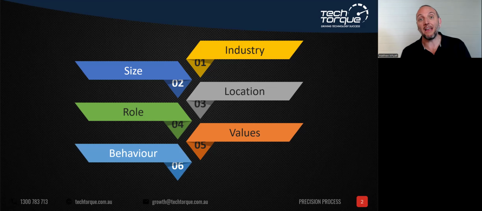And the last part there is behavior. How do they behave? When you look at your current customer database, you go, well, what are the behaviors we like and what are the behaviors we don't like? I've worked with businesses who sell to some of the biggest companies in the world, and the behaviors that those biggest companies had were pretty ordinary, and the government organizations and huge corporates. What they did is they said, okay, well, these aren't desired behaviors.